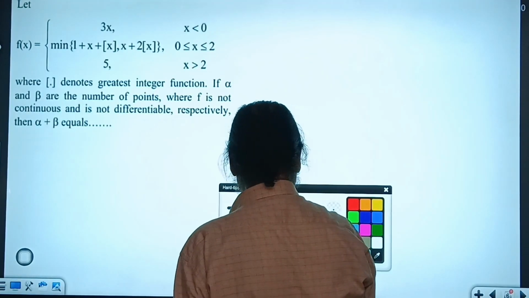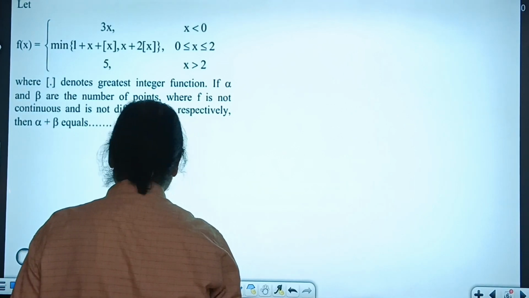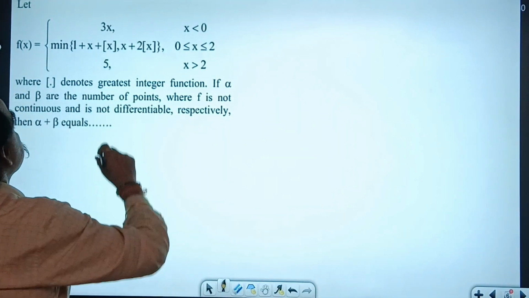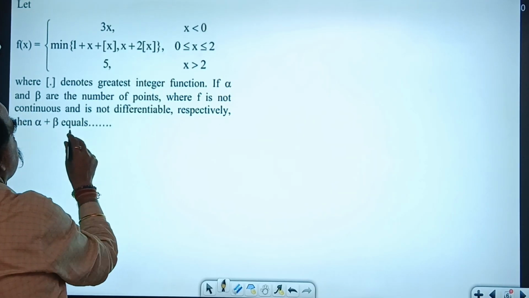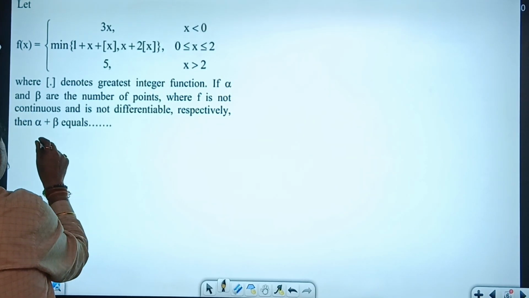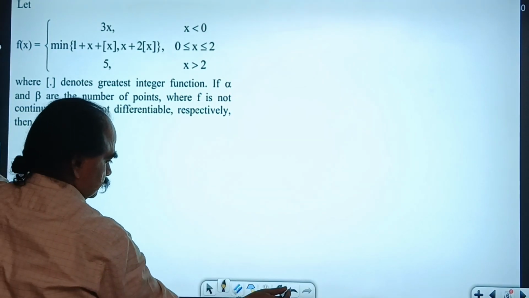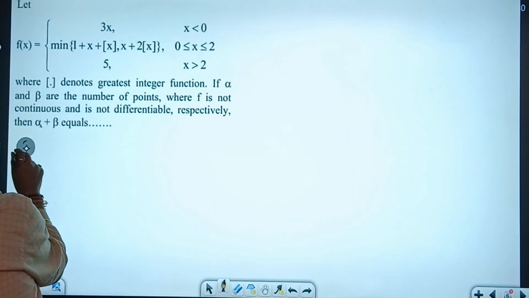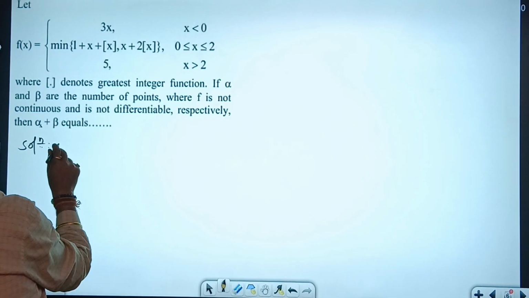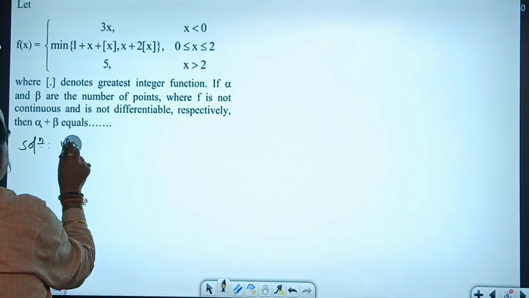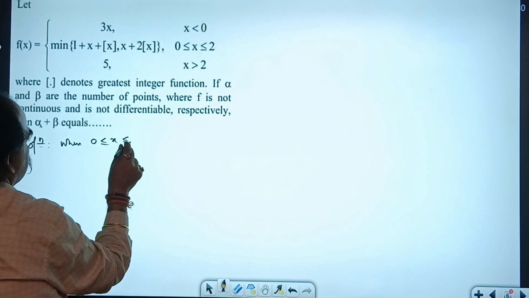See the next problem. f(x) is 3x when 0 less than or equal to x less than 1.